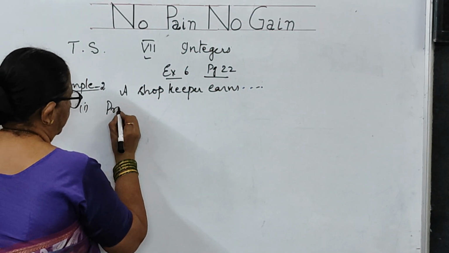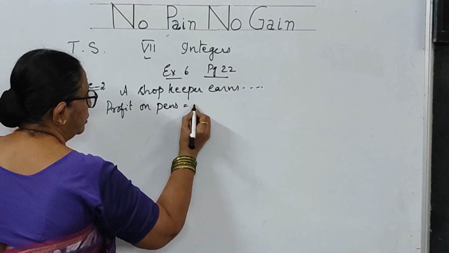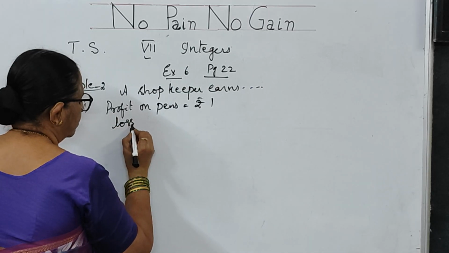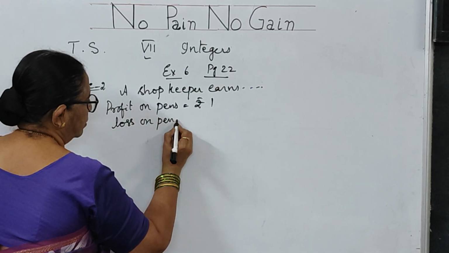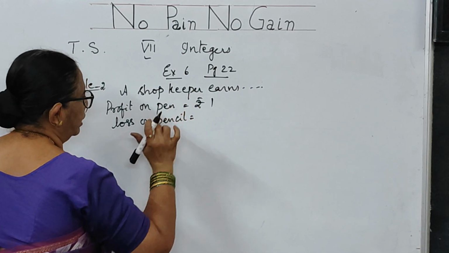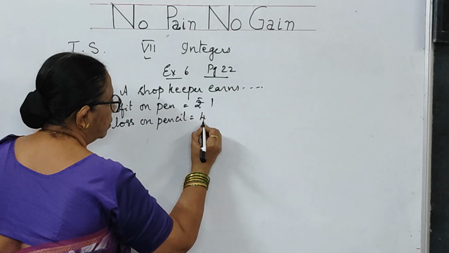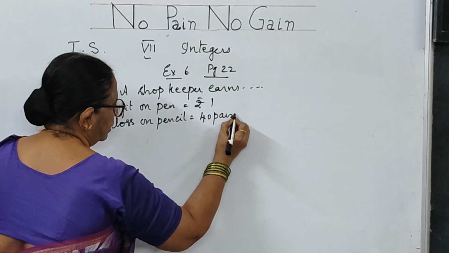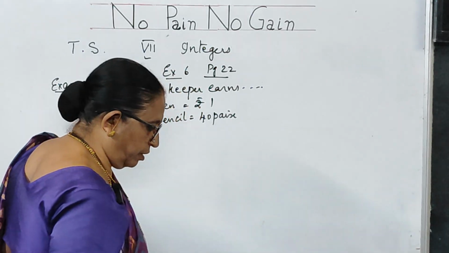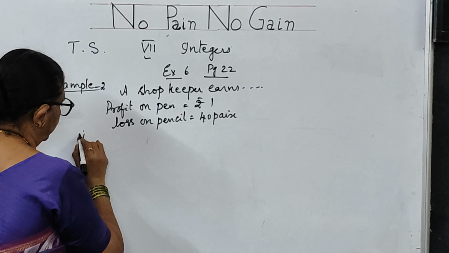Profit on pens, how much, children? ₹1 per pen. And loss on pencil, it is 40 paisa. So let us go to the first bit. In the first bit, what is it that they said?